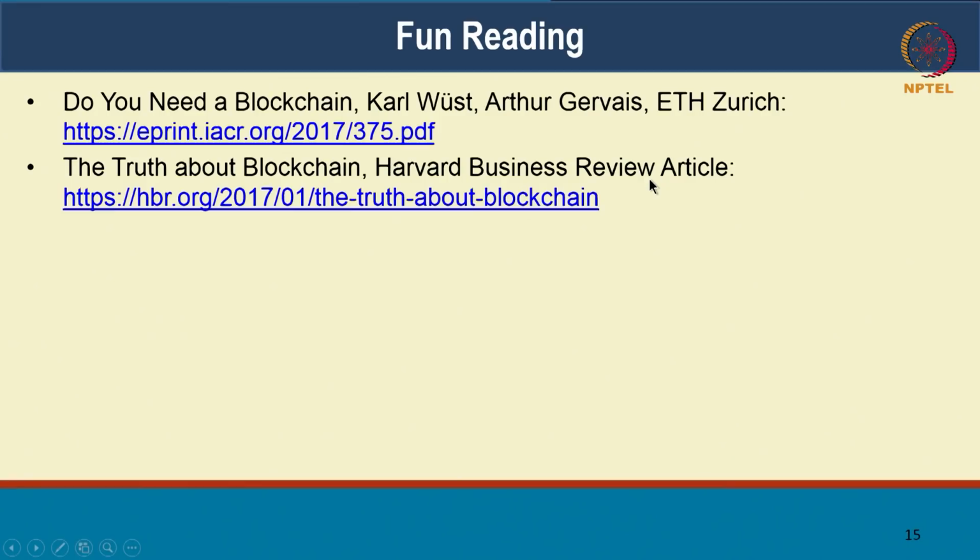So it's a fun read. There's also a Harvard Business Review article about the truth about blockchain. It talks about, again, when to use blockchain, but also about some of the aspects I mentioned, how it's going to be disruptive, and some of the things you need to think about before jumping to use blockchain. So it's a nice read as well.